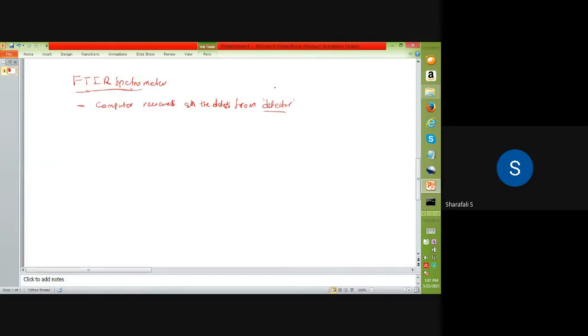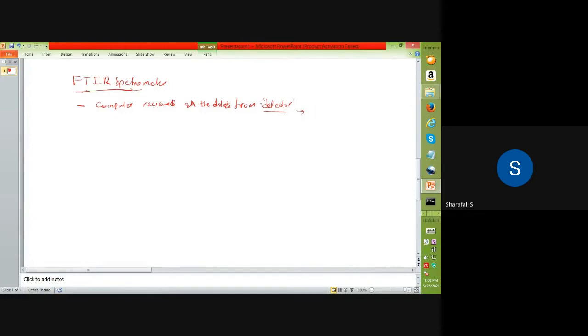After that interference, we will have a signal with a different intensity pattern, and the detector will detect the different frequencies or intensity patterns. Accordingly, that will produce the photocurrent or the temperature differences, and that will be passed to the computer, and the computer stores all that data in a large number of memory spaces.